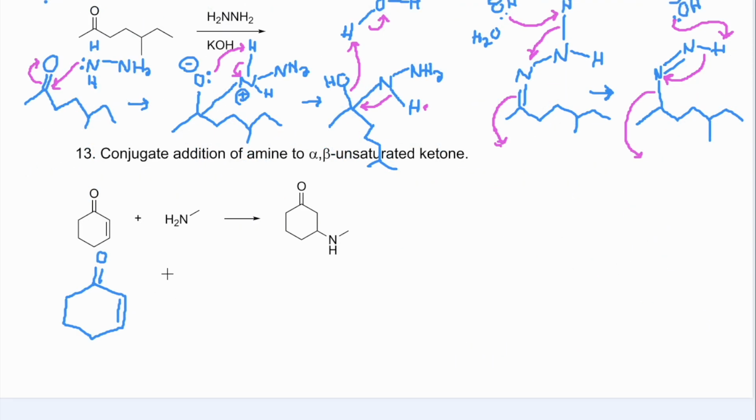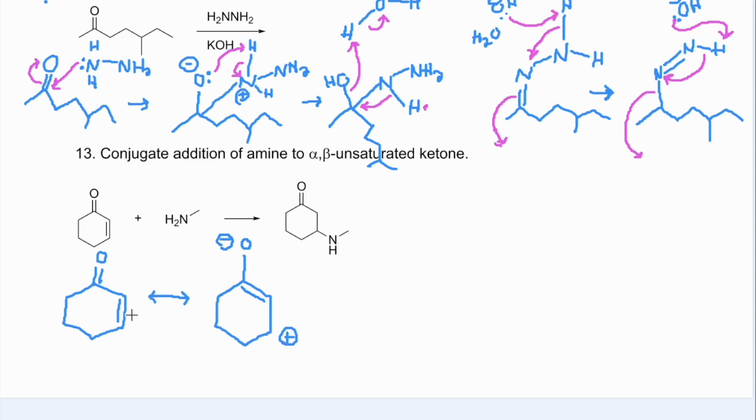So let me clear a little space to do this last mechanism, addition to a beta carbon. Let me point out that a very minor contributor to this structure is one where there's a partial negative charge on the oxygen and a positive charge on the beta carbon.